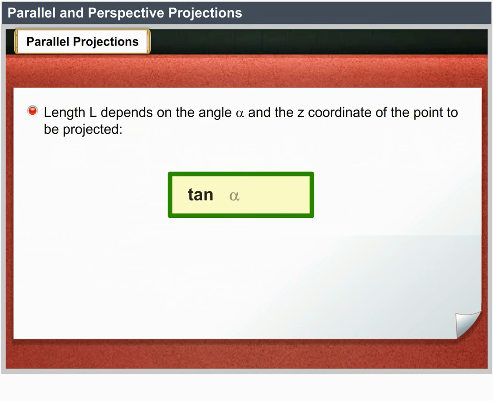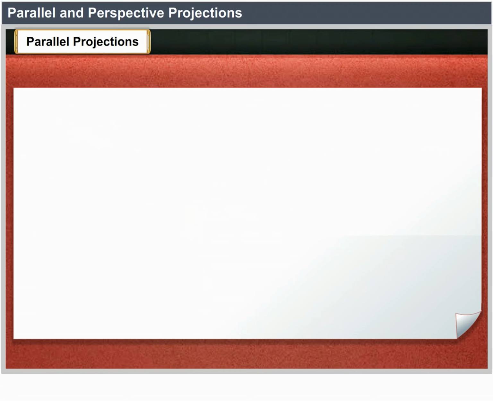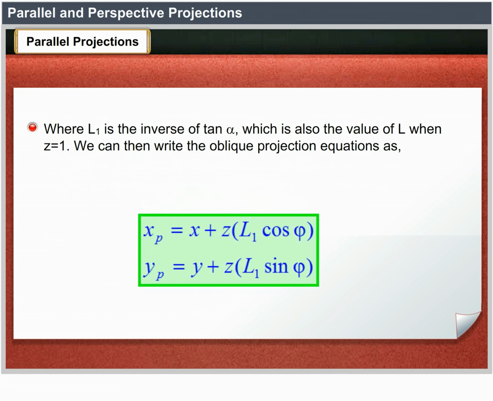Tan alpha equals z over L. Thus, L equals z over tan alpha equals z L1, where L1 is the inverse of tan alpha, which is also the value of L when z equals 1. We can then write the oblique projection equations as xp equals x plus z into L1 cos phi, yp equals y plus z into L1 sin phi.